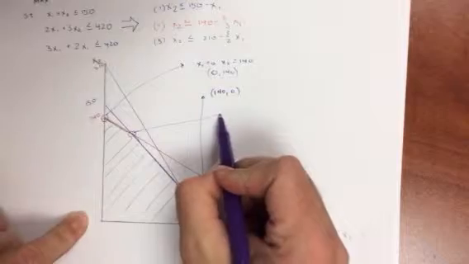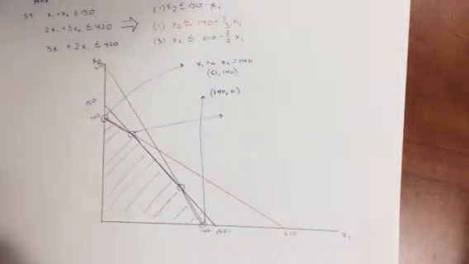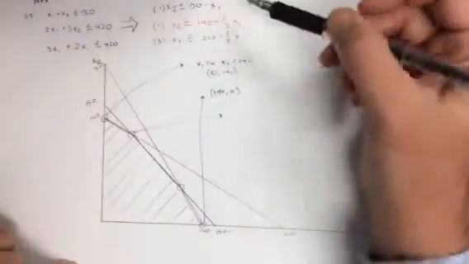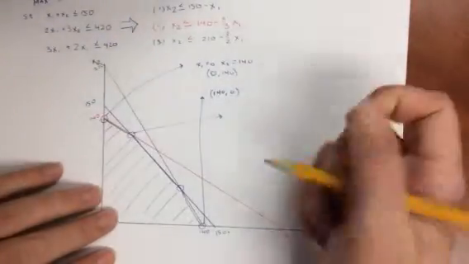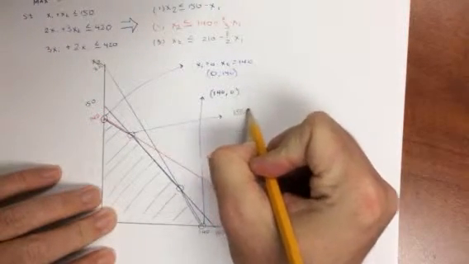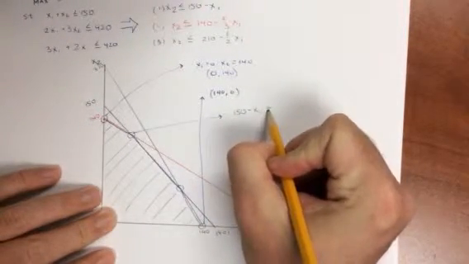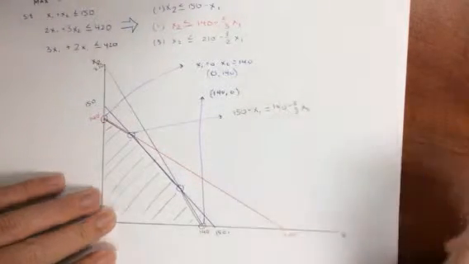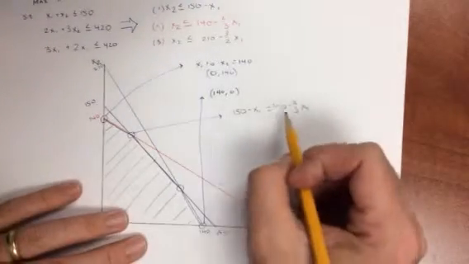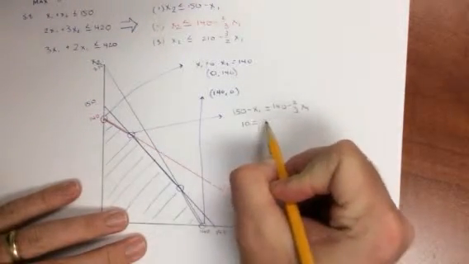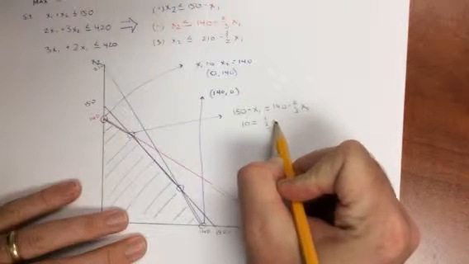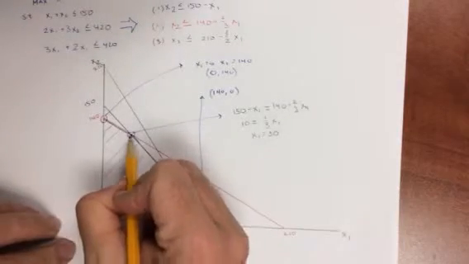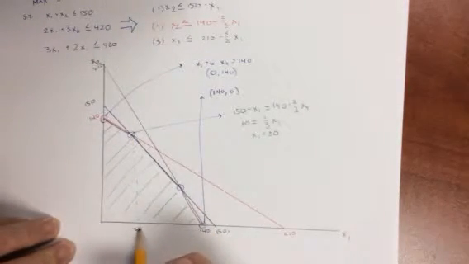Well, this possible solution is where the blue line equals the red line. So here's our blue, here's our red. We just set those constraints equal to each other. So it's where 150 minus x1 equals 140 minus 2/3 x1. Now we just solve for x1. So we get 10 equals 1/3 x1, so x1 equals 30.